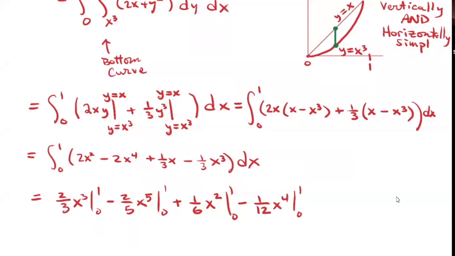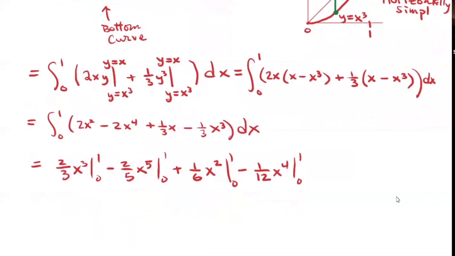Now putting in the zeros gets you nothing. In the end, it's just 2/3 minus 2/5, because everything's 1. The zeros vanish. Plus 1/6 minus 1/12.